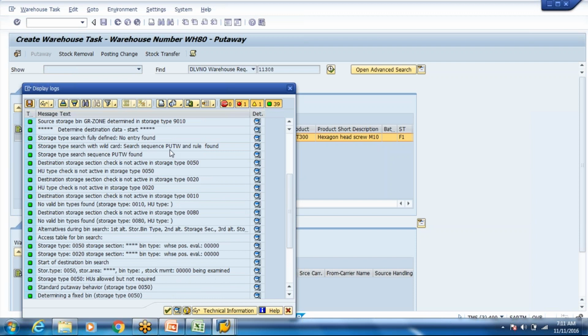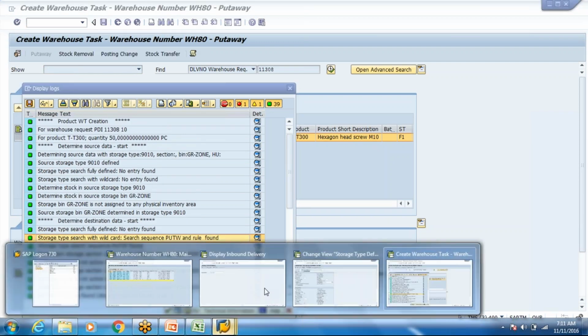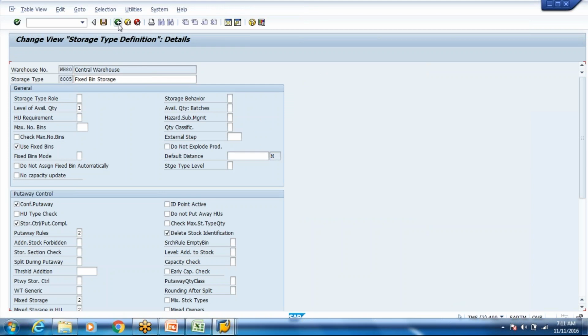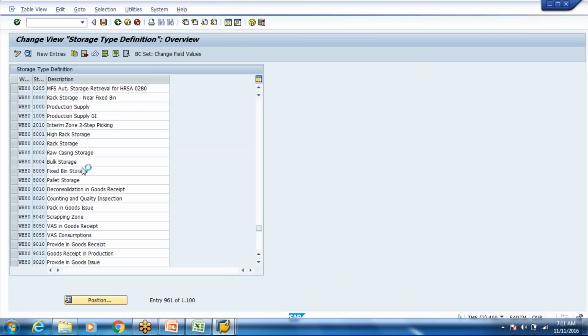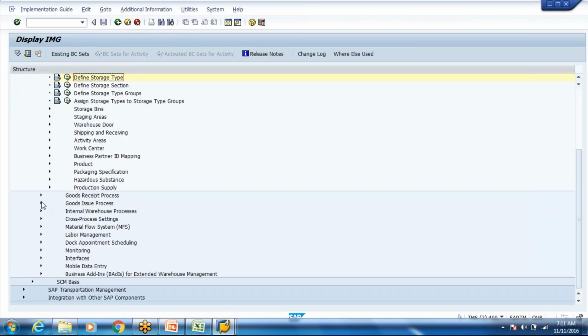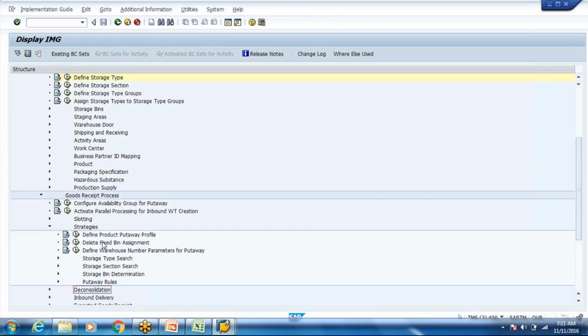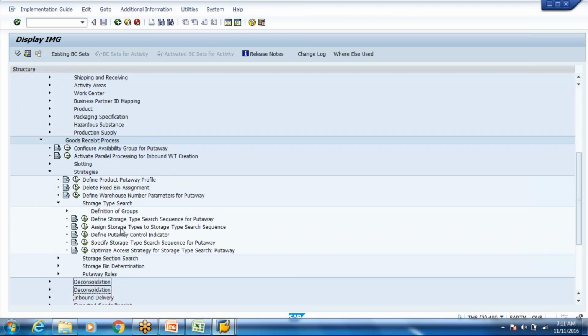It is finding the putaway rule. I think I missed a config here. For the 8005 control indicator, it is still searching the putaway rule. So, strategy, storage type search.